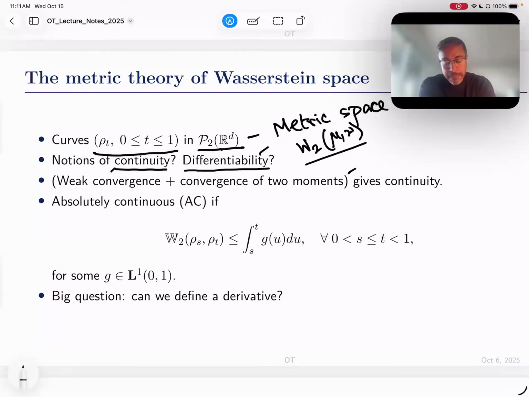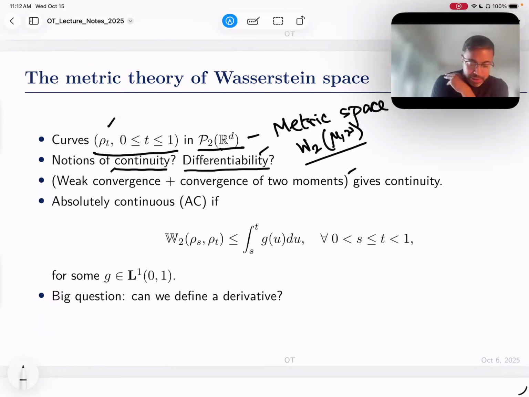So you might have heard this idea of absolute continuity for curves in Euclidean spaces. In Euclidean spaces, absolute continuity means curves which have finite lengths. And so here is a definition.